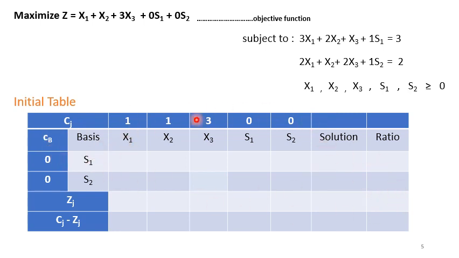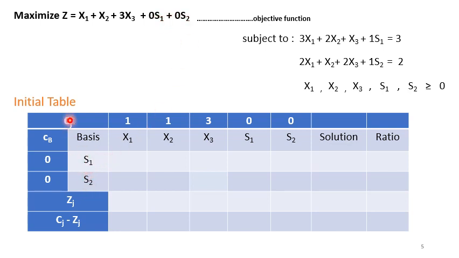Since there are 5 variables in the objective function and you have 2 constraints, in the basis you will have 2 basic variables. Initially s1 and s2 will start as the basis variables.